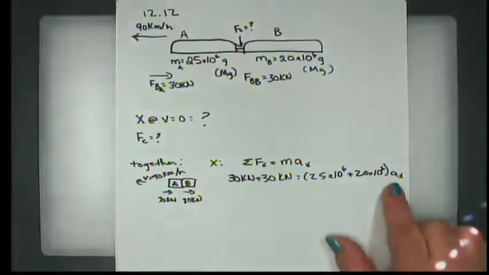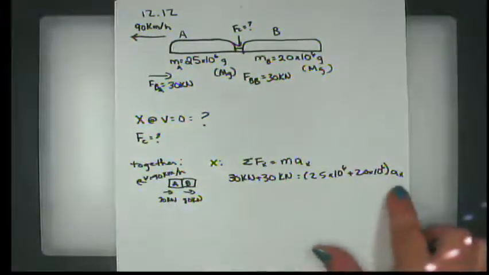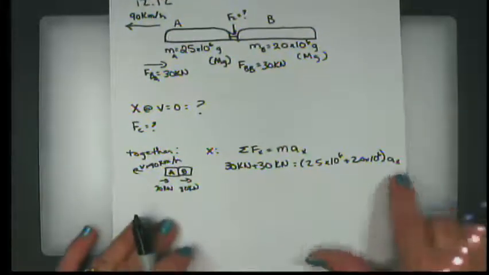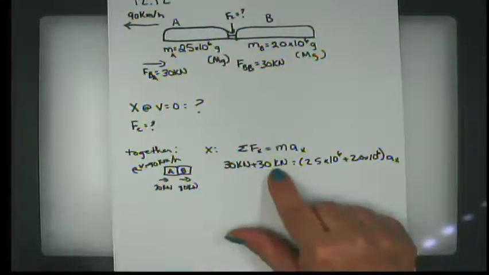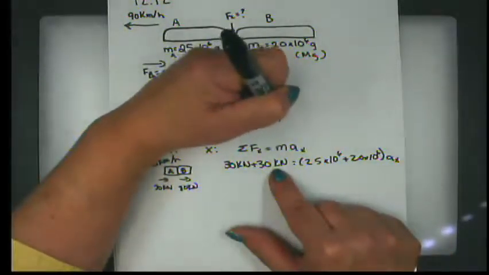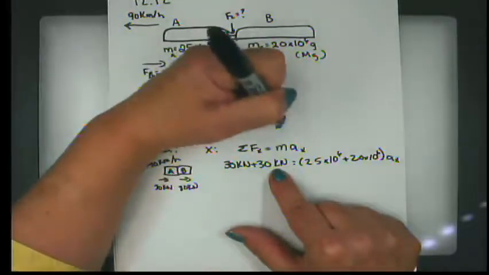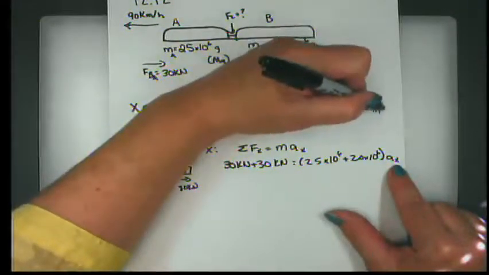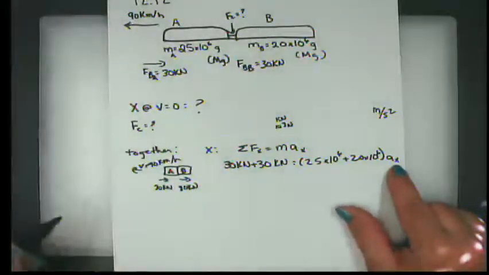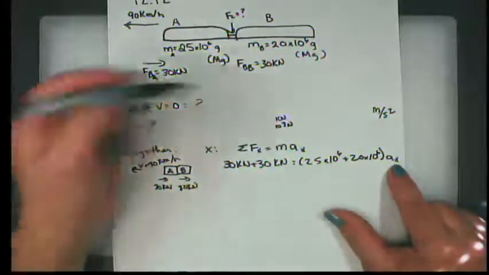Okay? Well, you can see from this, once I balance my units, I have one equation and one unknown. So I'm going to be able to solve pretty quickly for a sub x. But I need to think about what that means in terms of units. If this is in kilonewtons, that would be 10 to the 3rd newtons, right? And if I'm looking at acceleration, I would like that to be in base units of meters per second squared.